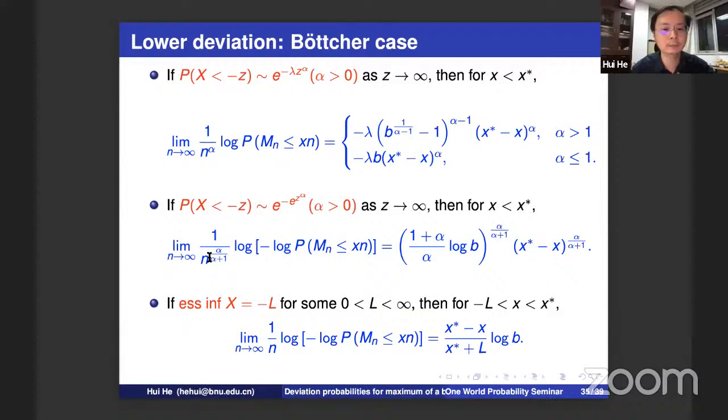And you can check that in the second case, the left tail of x decays double exponentially with e to the alpha. So informally you can imagine, okay, if we let alpha go to infinity, it means the tail decays very fast.